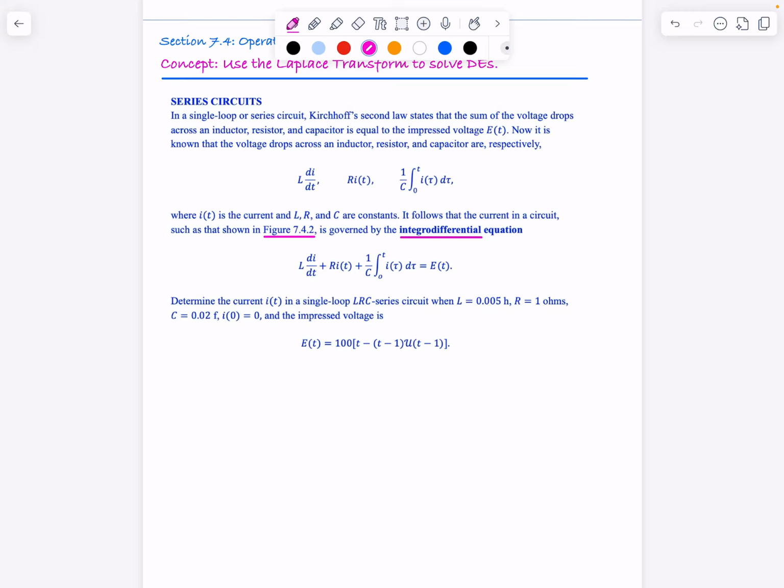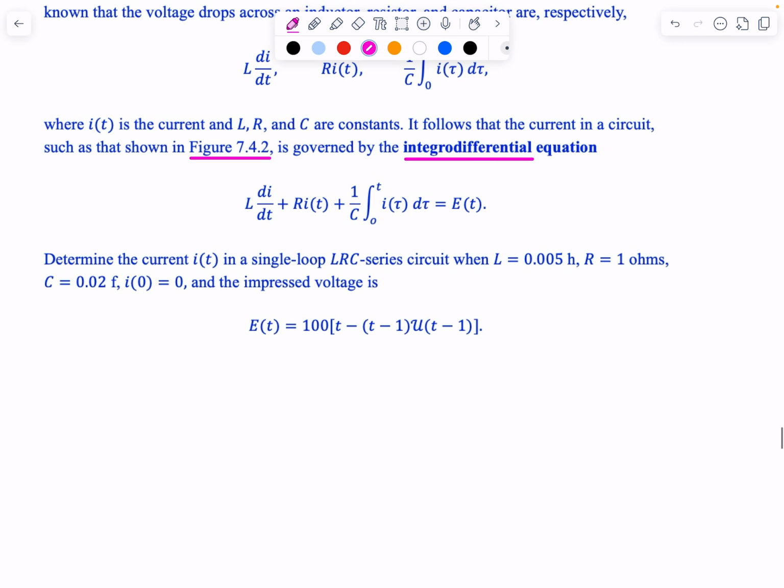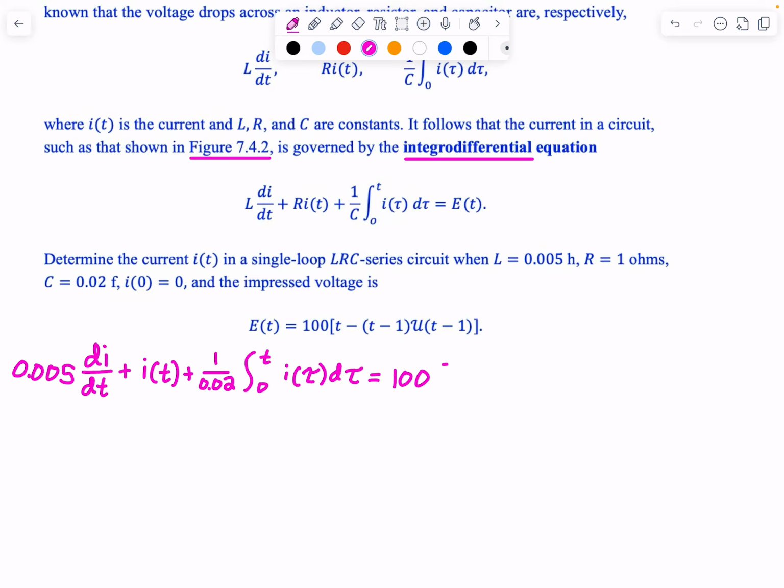All right, so I'm going to plug in everything. So L is 0.005. Let me zoom in so I don't write so big. 0.005 times di dt plus I of t, R was 1, plus 1 over 0.02, integral from 0 to t of I of tau d tau, and this equals 100 times t minus 1 times the Heaviside function of t minus 1.